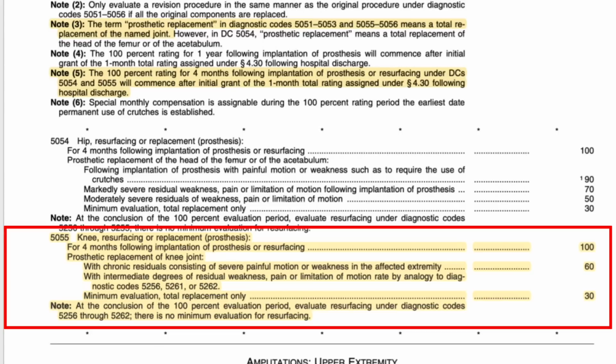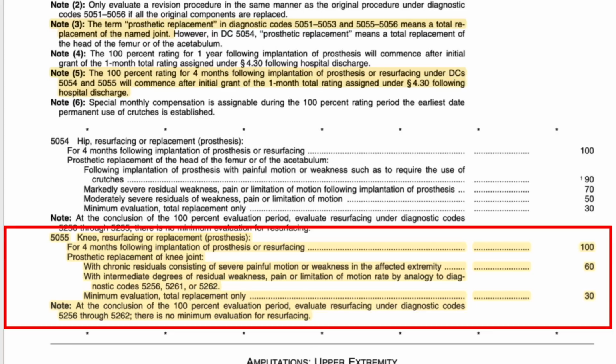In case anybody cares. But say you had 3 ratings before for flexion, extension, and instability, those all go away, and you now get a single rating under 5055, which generally speaking is appropriate because all of that stuff that was causing those other problems has been replaced.